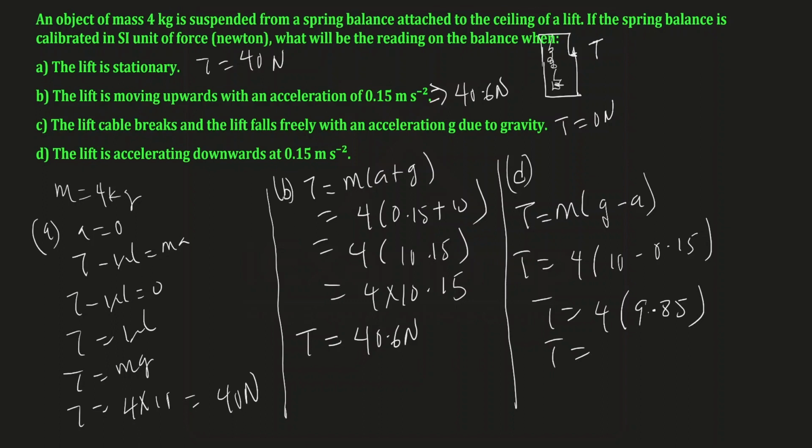So 4 times 9.85 is going to give us 39.4 Newton. So for downward acceleration of the lift, the tension or the reading on the scale is 39.4 Newton. Right? So this is how you solve questions like this when Newton's law is concerned.